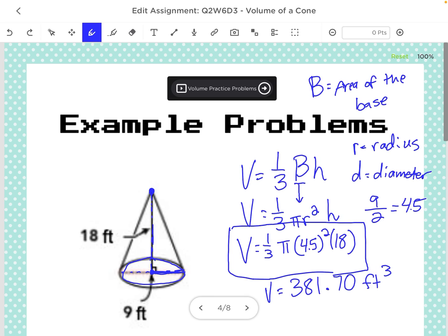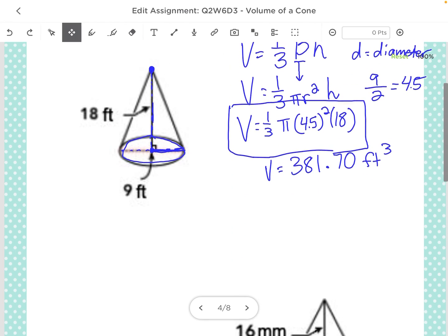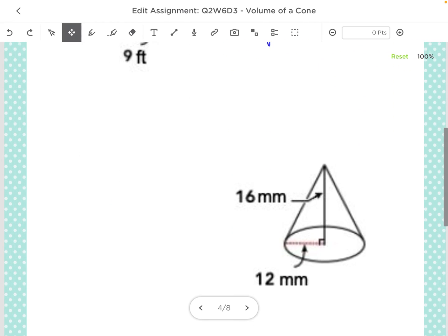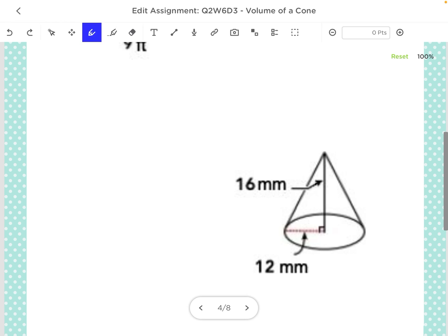All right, so that's how we do that algebraically. Remember, Desmos is going to do some work for us too.